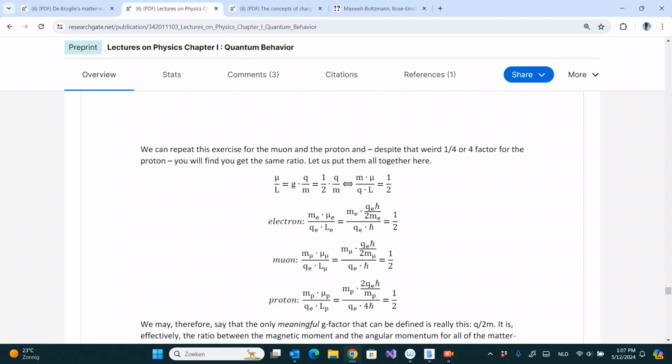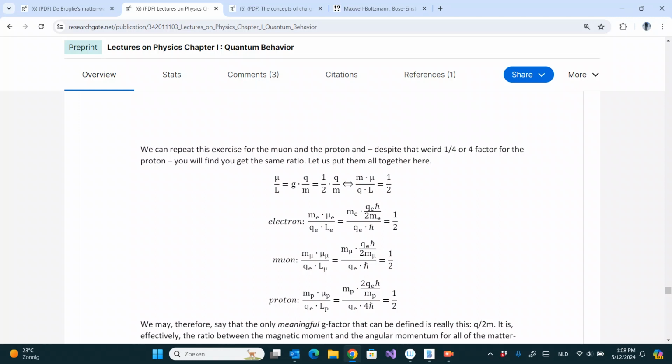This 1/2 factor is related to the energy partition theorem, which says indeed half of the equivalent mass of the electron must be in the kinetic energy, and the other in the electromagnetic field that keeps it going. And I can do that for a muon. For a proton, we think of it as a three-dimensional oscillation, so we have a 4 factor there.